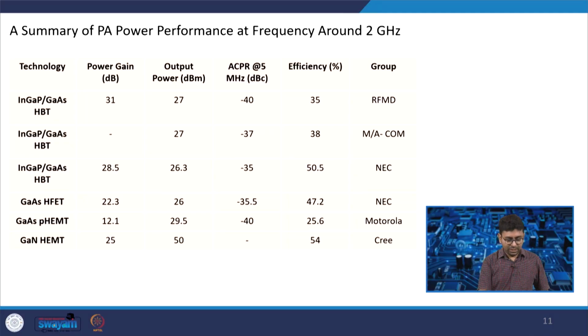This is considered at a reference of 2 gigahertz, and it classifies what performance is achieved by each technology. For indium gallium arsenide based HBTs, the gain is 31 dB, the maximum output power is 27, and the efficiency is 35 percent.